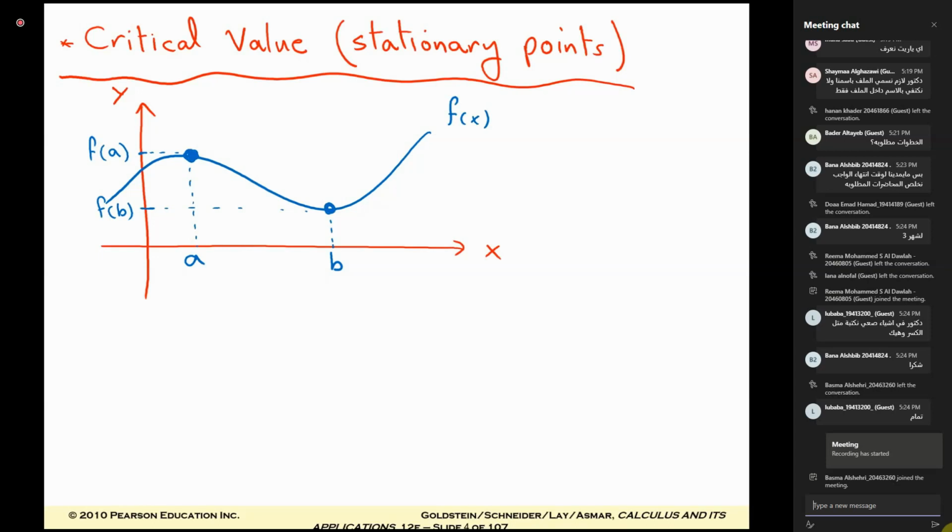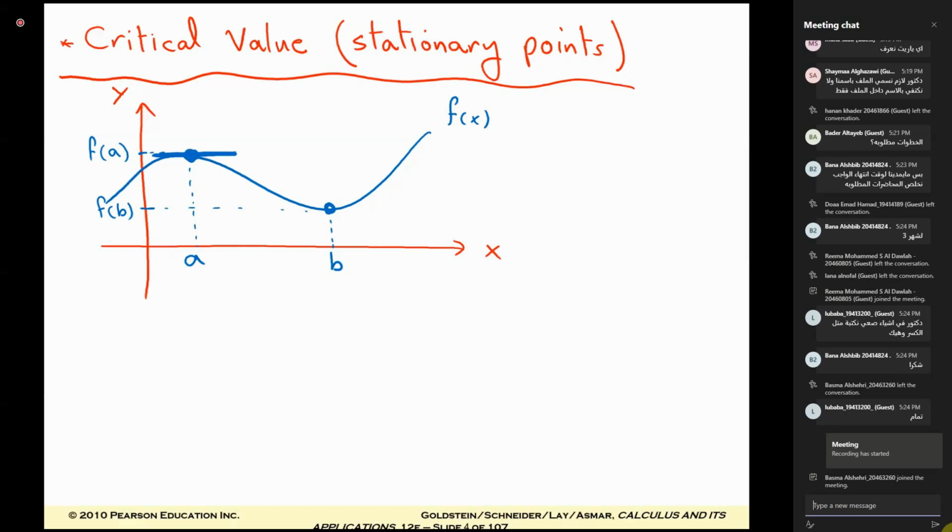The stationary point is the value at which f prime equals 0, or the slope equals 0, or we have a horizontal tangent line.